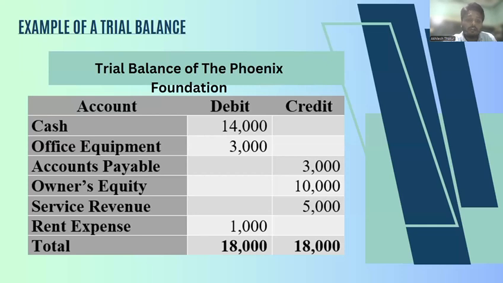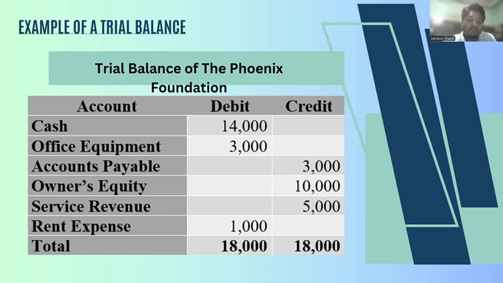So here I have used the trial balance of the Phoenix Foundation. As you can see in the sheet, the company invested 14,000 in cash to start the business, and the company bought office equipment worth 3,000 on credit, and the business provided consulting services and earned 5,000 in cash, and the business paid 1,000 for rent.